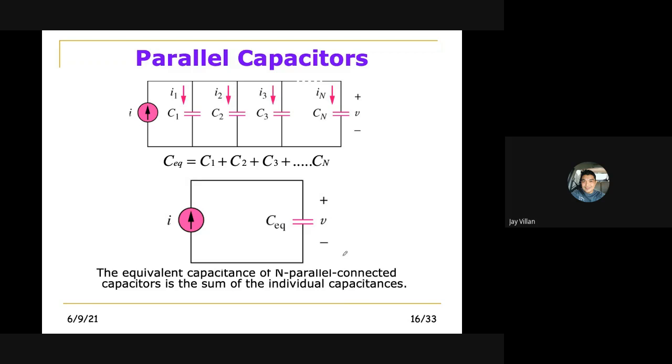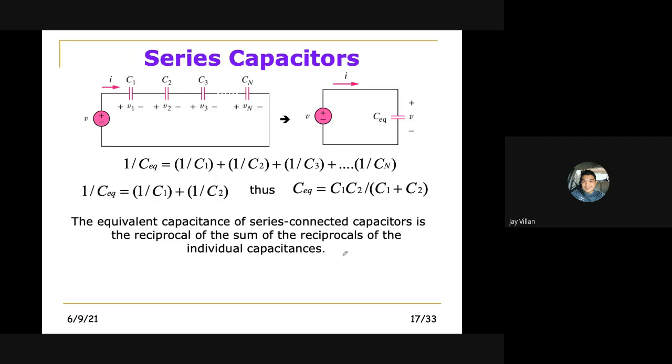So the equivalent capacitance in parallel is C1 plus C2 plus C3 plus dot dot dot plus Cn. While capacitors connected in series follow that of resistors connected in parallel. So 1 over C equivalent is equal to 1 over C1 plus 1 over C2 plus 1 over C3 plus 1 over Cn.